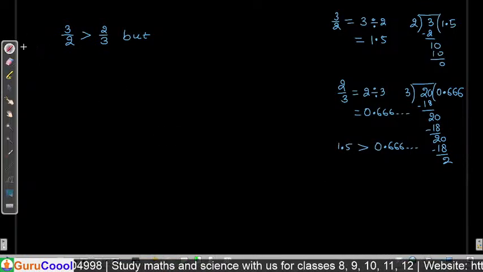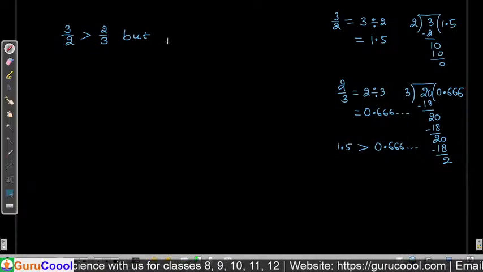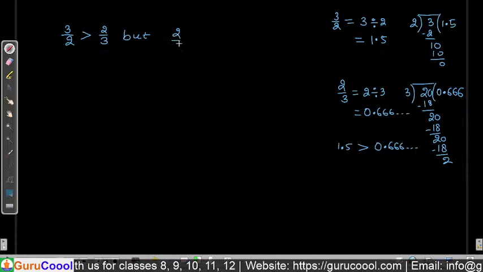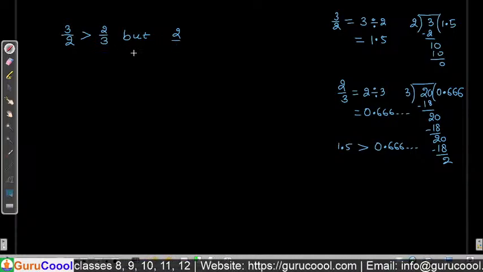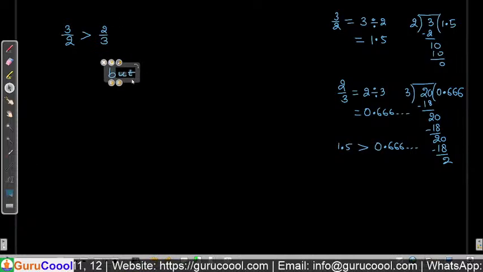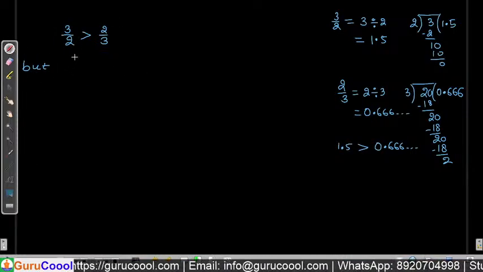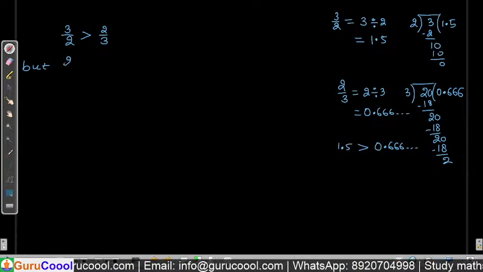My point is that if we take the reciprocal, what is the reciprocal of 3 by 2? 2 by 3. So on the left side it is 3 by 2. I reciprocate and I get 2 by 3. And on the right side it is 2 by 3.